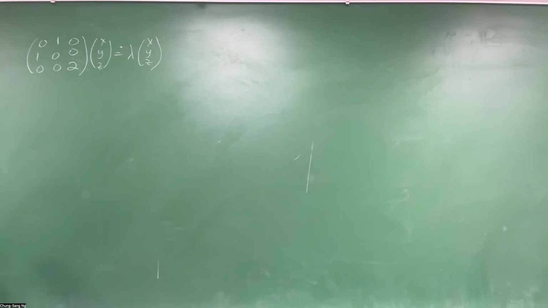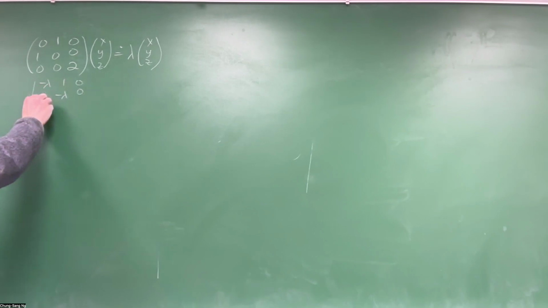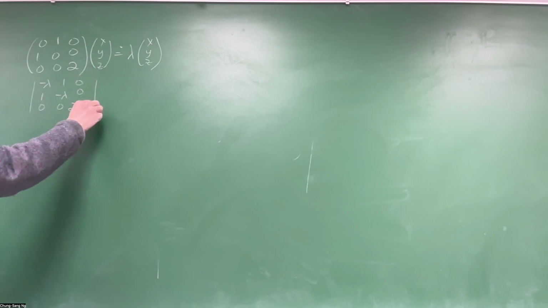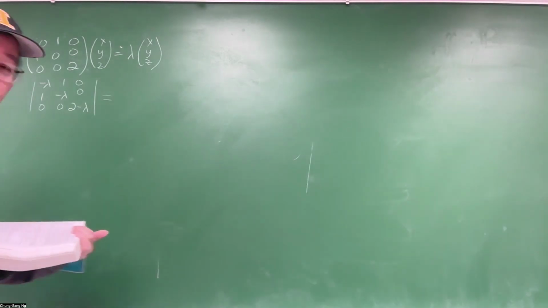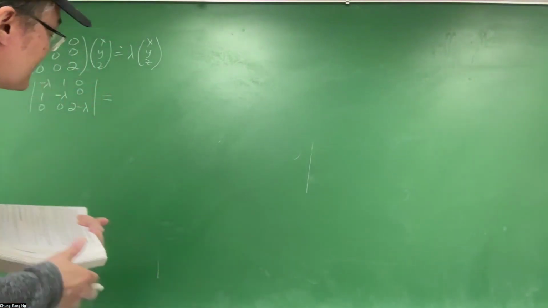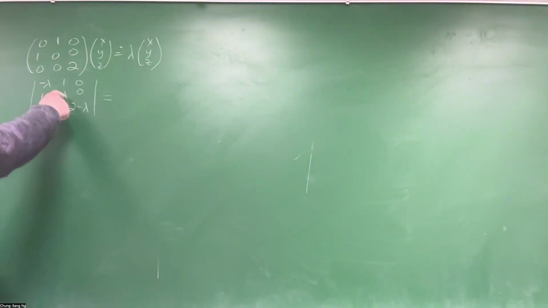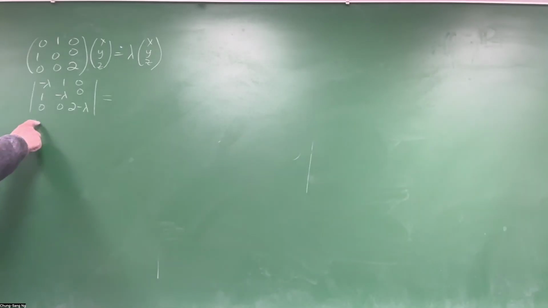The characteristic equation is just subtracting lambda from the other side and taking the determinant of the matrix: minus lambda, 1, 0, 1, minus lambda, 0, 0, 0, 1 minus lambda. For a 3 by 3, usually you get a third order equation, which can be solved by looking up the formula. But for this particular case it's easier because there are lots of zeros.